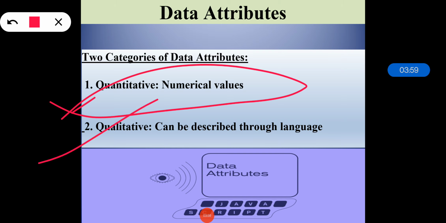Now when we are talking about the qualitative data, as we said, that is not giving direct numerical values. So data with language we are saying, so ordinal data like size is small, medium or large, or I am standing at the first position or the second position.